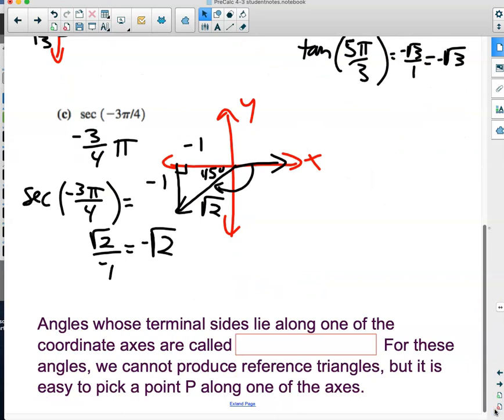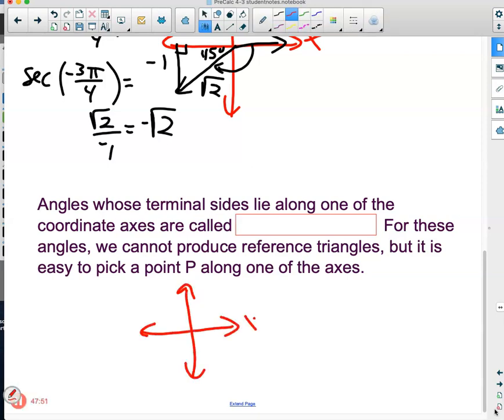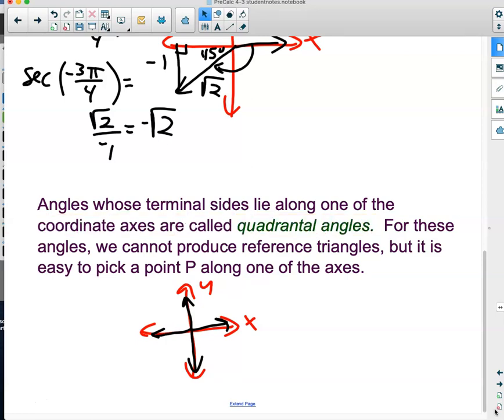So angles whose terminal sides lie along one of the coordinate axes, those are problems. And that's because you can't form a reference triangle. I mean, if my angle is 0 degrees, 90 degrees, 180 degrees, or 270 degrees, I've got trouble. I can't draw a reference triangle. Well, that's why these are the special ones, and they're called quadrantal angles.